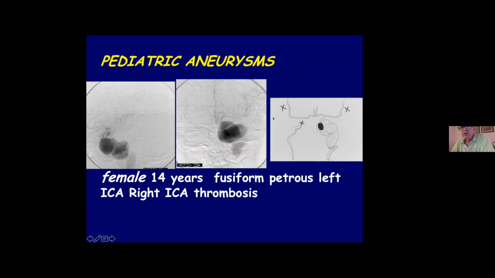The neurosurgeon performed 2 bypasses, one on the right, another on the left. Then the neurosurgeon, Luis, talked with me: is it possible to put a balloon in the distal part, and if the patient is well, he won't operate the aneurysm.